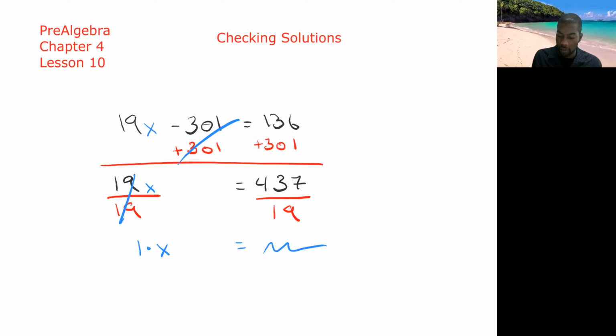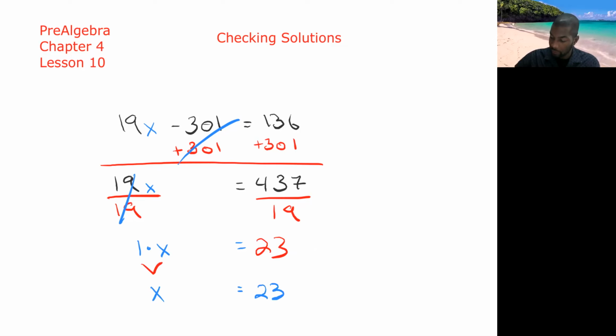So let me get my calculator out. 437 divided by 19, rather, is 23. All right. So what I got here was 437 divided by 19 is 23. X times 1 is the same thing as just saying x. X is supposed to be 23.